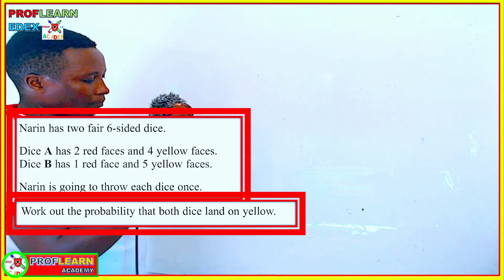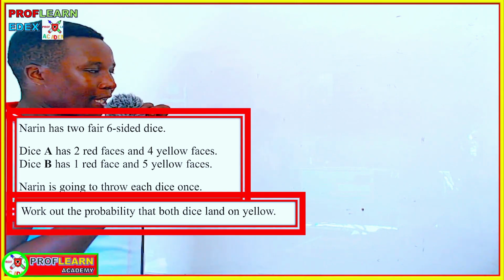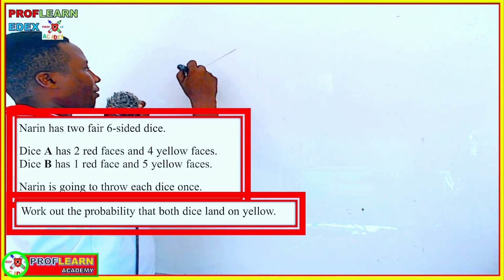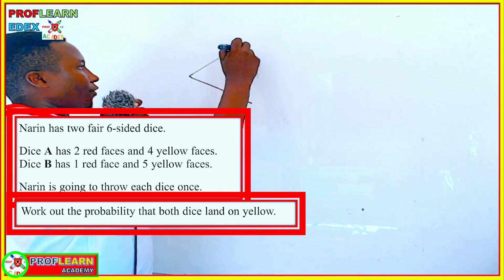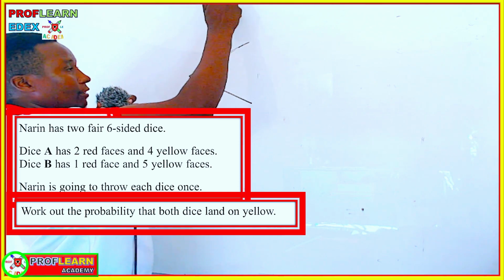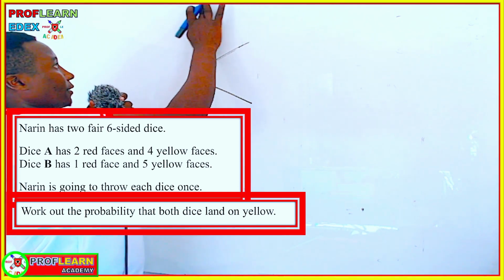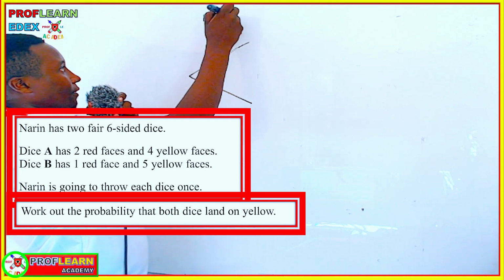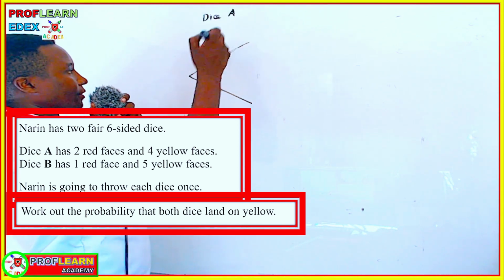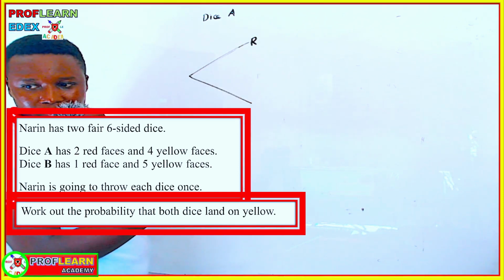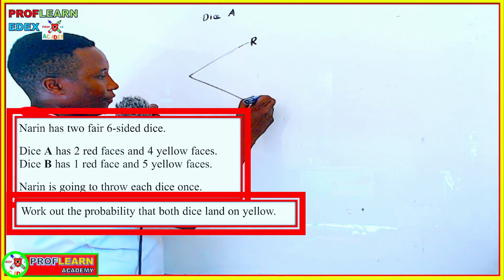So we're going to use a probability tree diagram, and from this we're going to analyze the information we have. From the first one, this is going to be dice A. We are going to talk of red at that given point, and then we have yellow here.